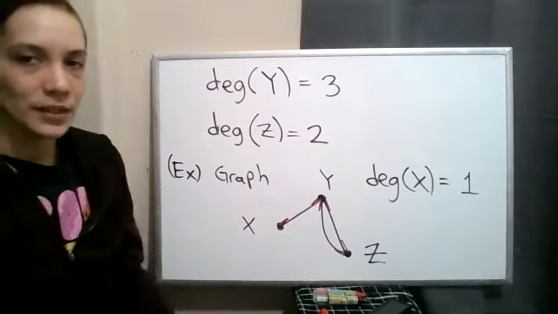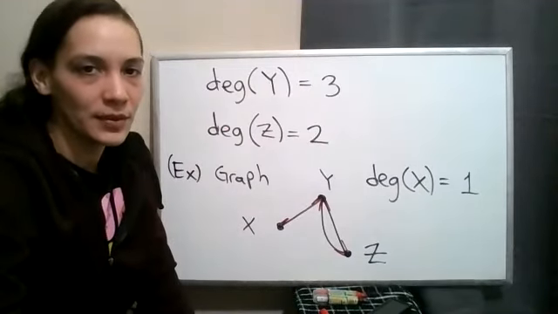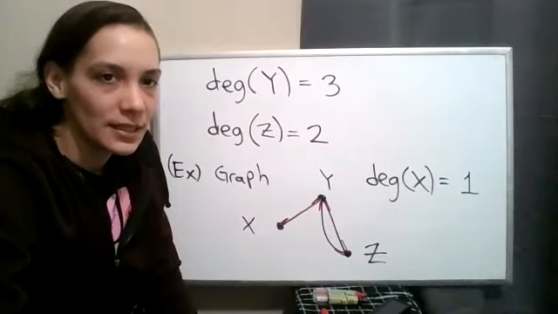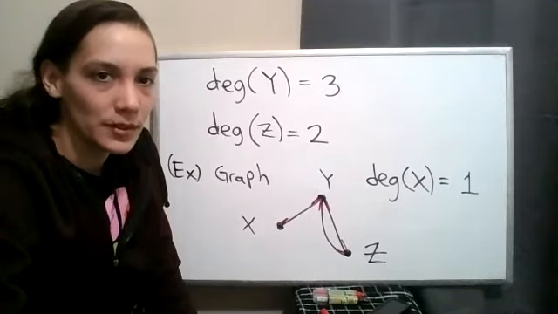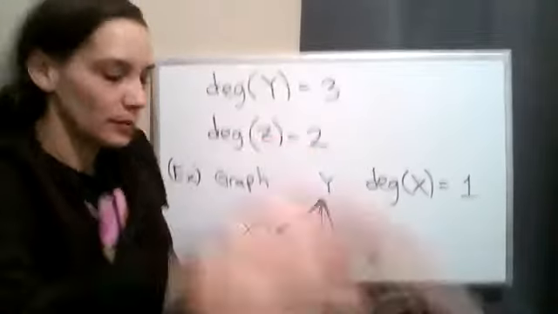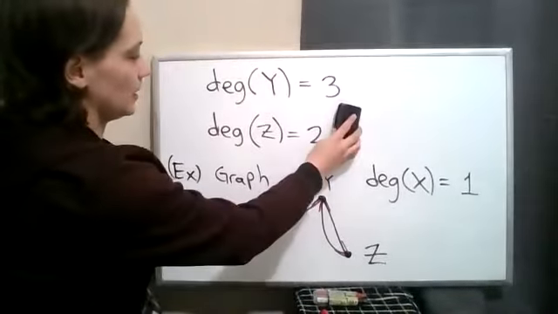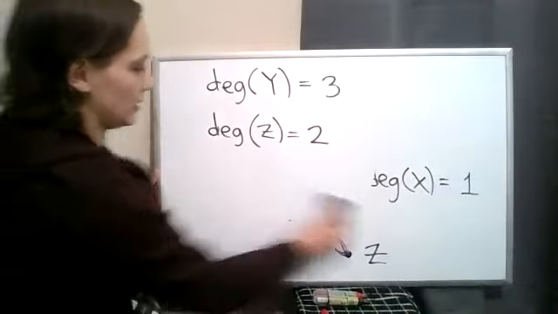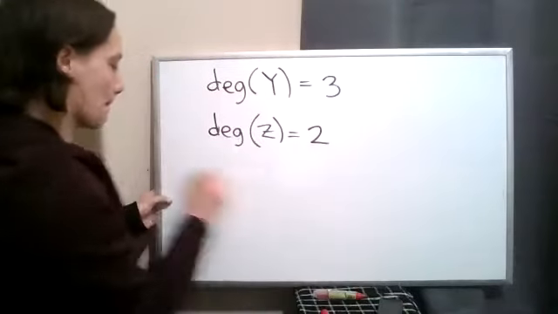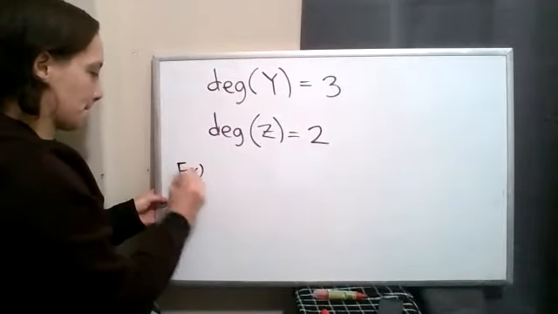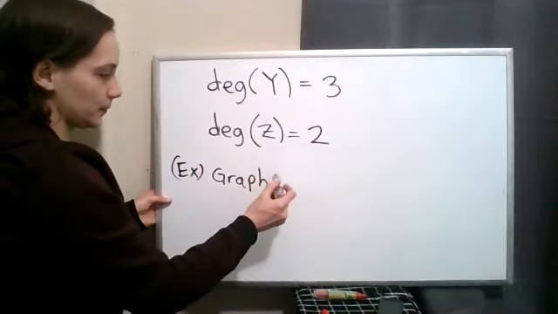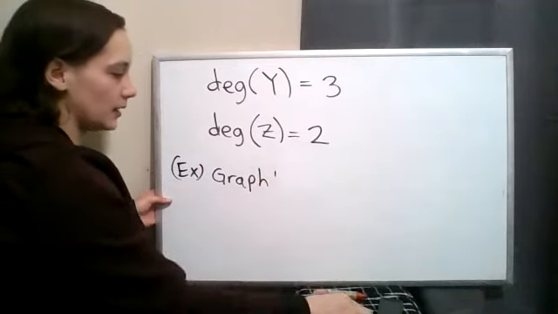Okay, so we're going to do like 3 examples for this and call it good. So the first one is without labels. Let's just call it a graph.